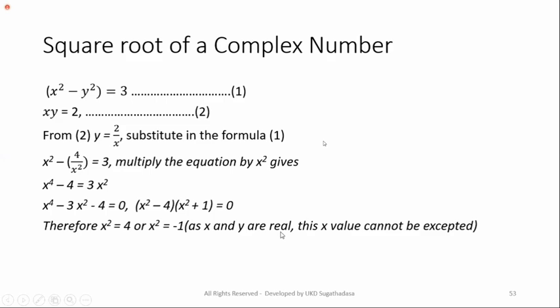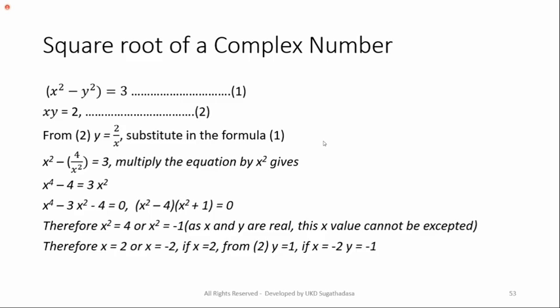Therefore x squared equals minus 1 cannot be expected here because x is a real number, so we can reject that answer straight away. Only the solution x squared equals 4 remains, so you get x equals 2 or x equals minus 2.